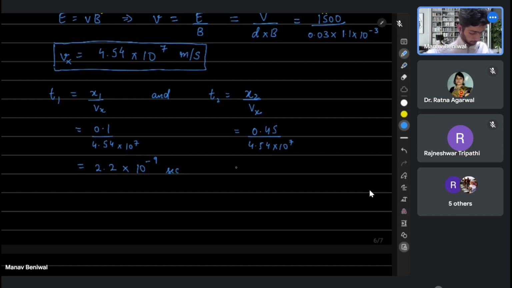And this will be 9.9 into 10 to the power minus 9 seconds.